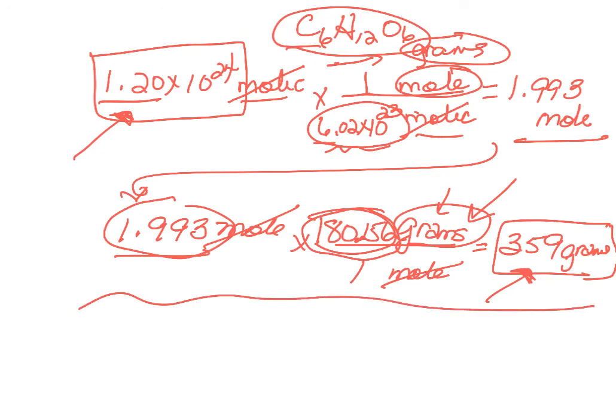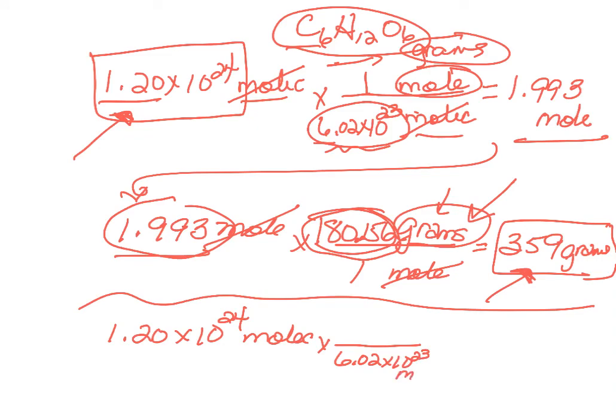or the other way. You could also do it in one long continuous step, which I will show you very quickly. So instead of stopping and solving the intermediate mole, you would just keep it going.